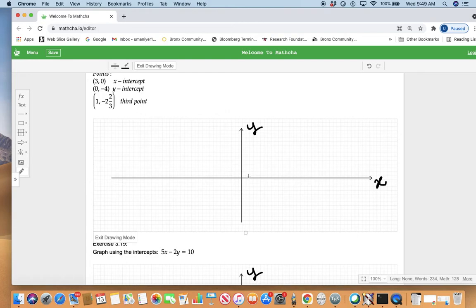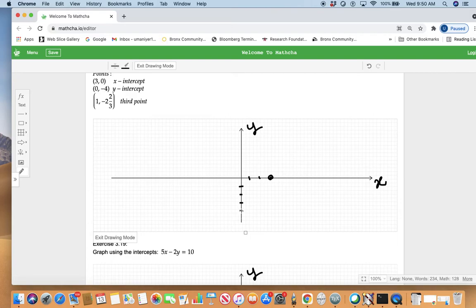X coordinate 3, y coordinate 0. That is, you don't go up and down, just stay at 3, 0 on the x-axis. Y coordinate is negative 4 and x coordinate is 0.